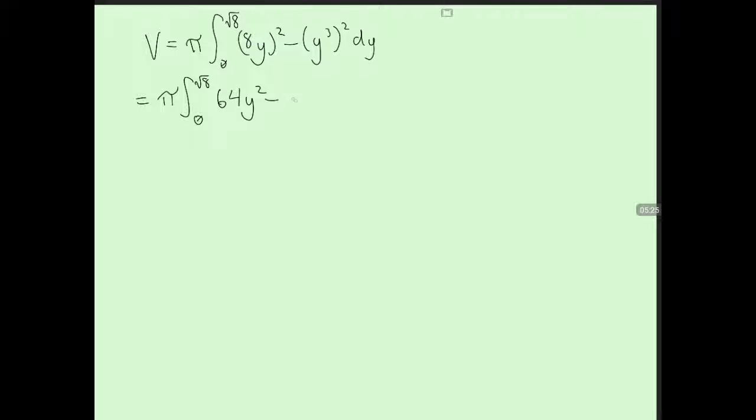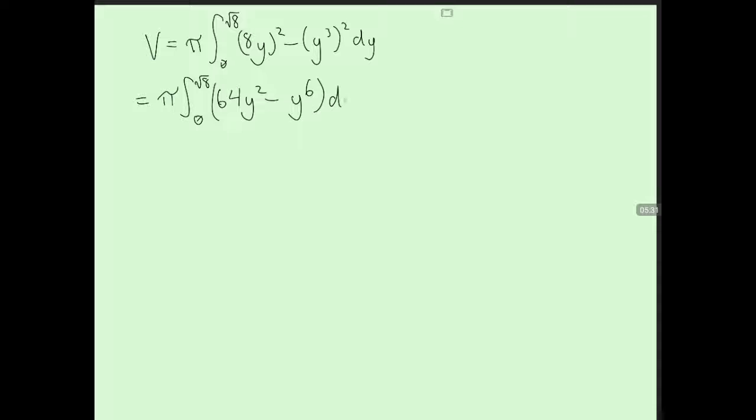So we have the volume is equal to pi times the integral from 0 to root 8 of 8y squared minus y cubed squared dy. If we expand this, we get the integral of 64y squared minus y to the sixth.